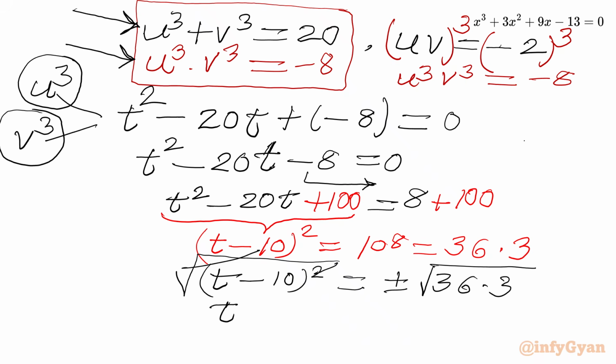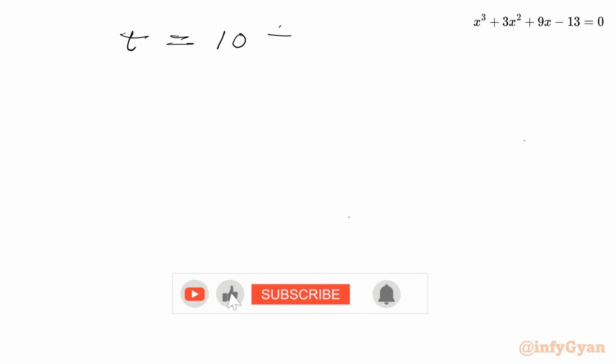So there would be t minus 10 in LHS and plus minus 6 root 3 in RHS. Now we have to add 10 to both sides. So t will become 10 plus minus 6 root 3, where t is either u cube or v cube. So we'll write here t equal to 10 plus minus 6 root 3.